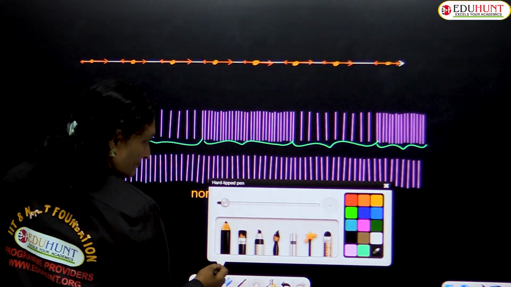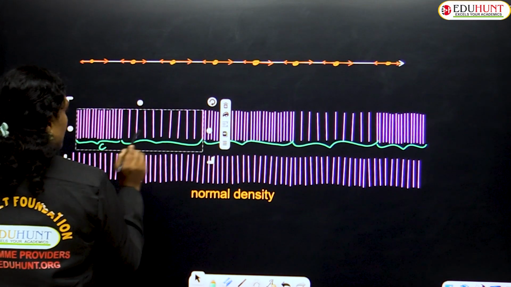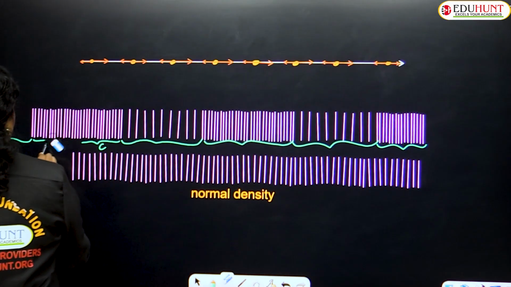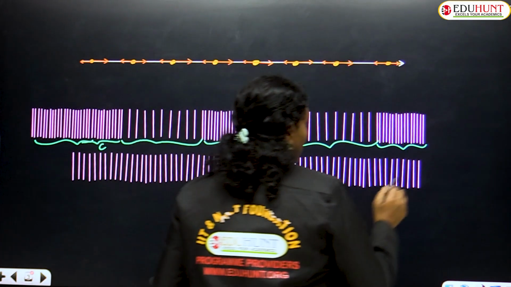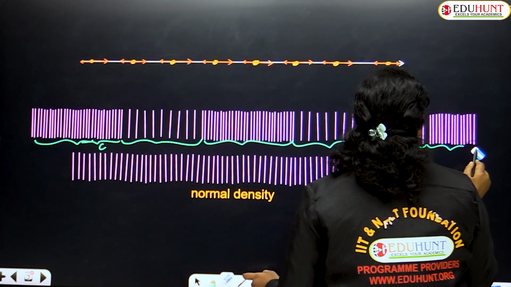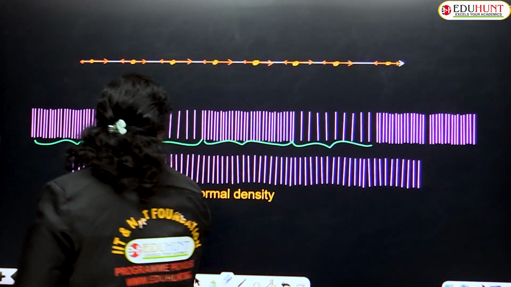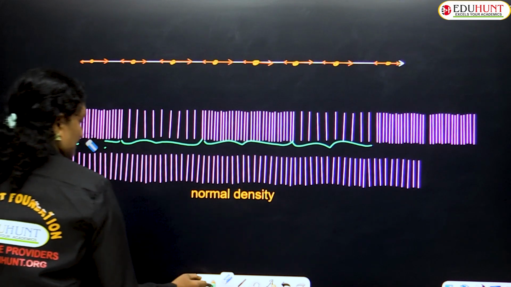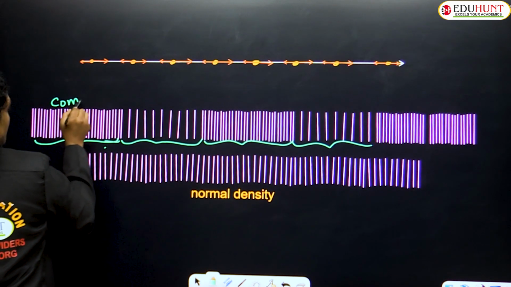The particles are spaced like this. Let me extend this picture, children, for your clarity. This is better. So this part is your compression.